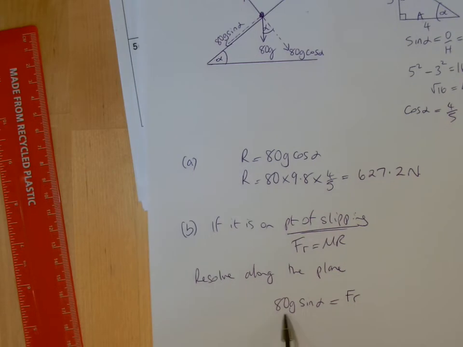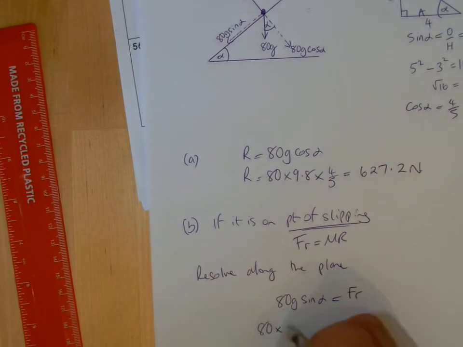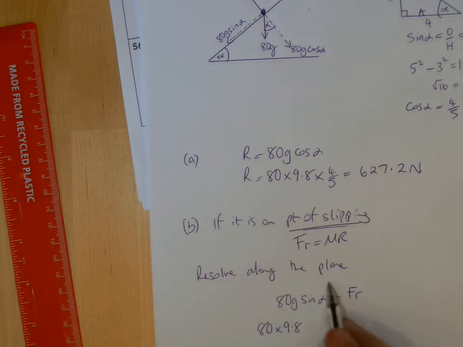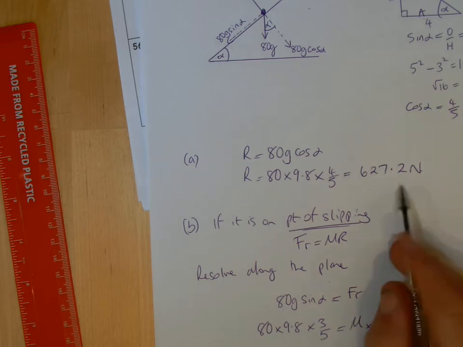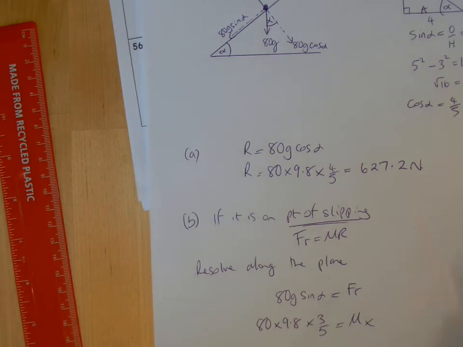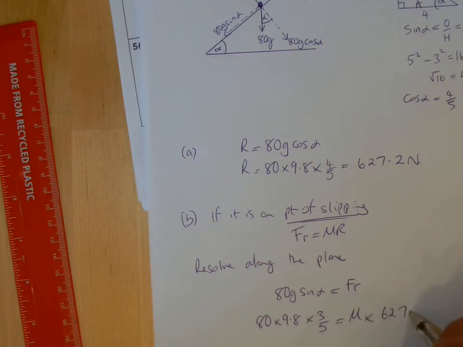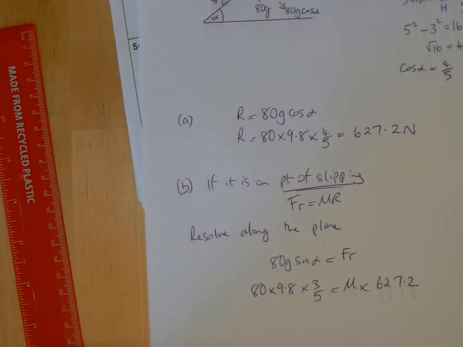And of course, 80g is 80 times 9.8. We know sine alpha to be 3 over 5. Friction we know to be mu R, so that'll be mu times the reaction, which is 627.2. We worked that out earlier. So a little bit of calculator work here, and then we can get our value for mu.